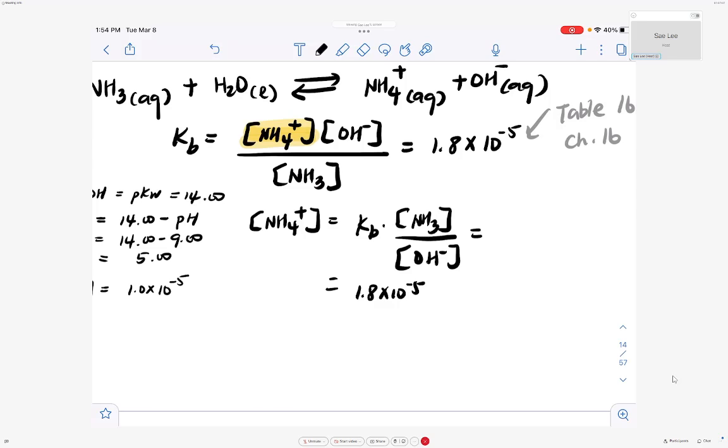The concentrations are already given, 0.1 molar divided by 1.0 times 10 to the negative 5 equals 0.18 molar.